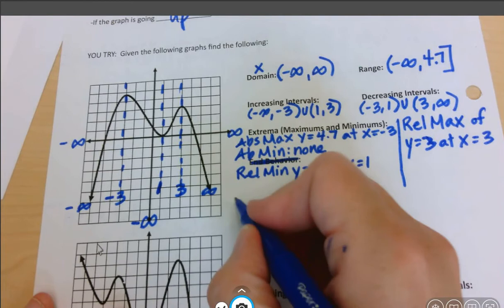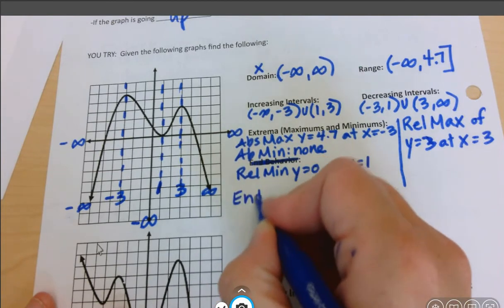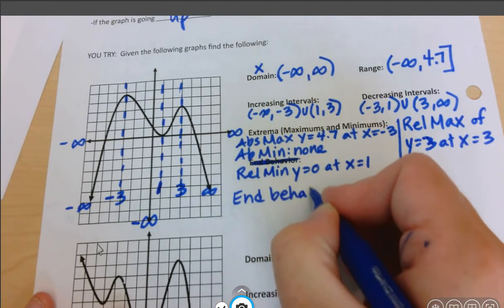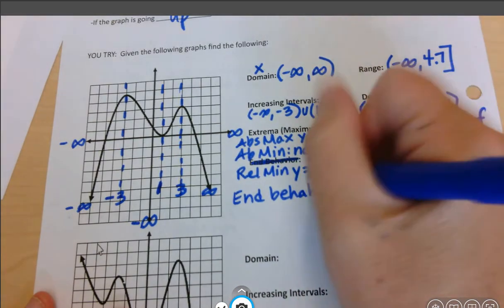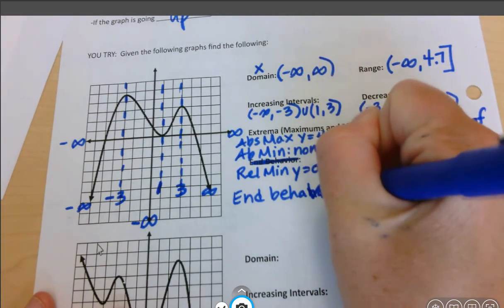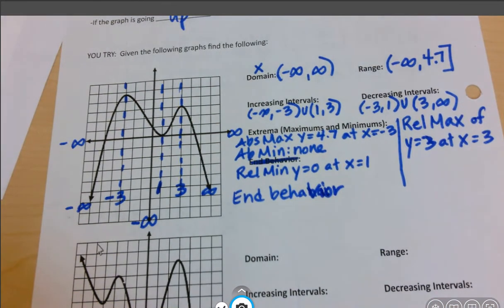And then we can do end behavior. I wrote it twice, sorry. End behavior. The nice thing about end behavior is that it always starts the same.